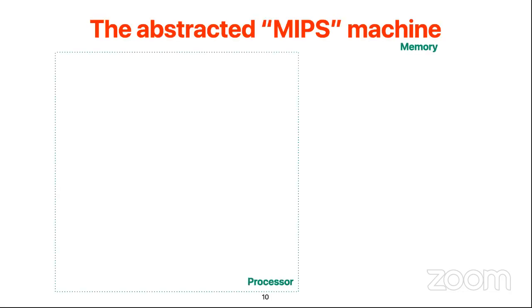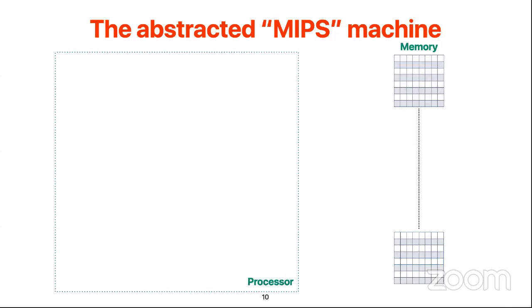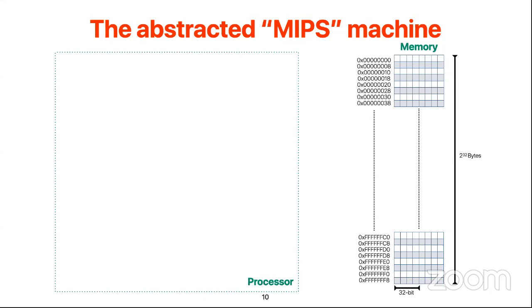Right now we are going to talk about the instruction set architecture that we use the most intensively in class. That is the MIPS instruction set architecture. The MIPS instruction set architecture defines a memory space of up to 2 to the 32 bytes that you can use, and it starts from 0 to 2 to the 32 minus 1.